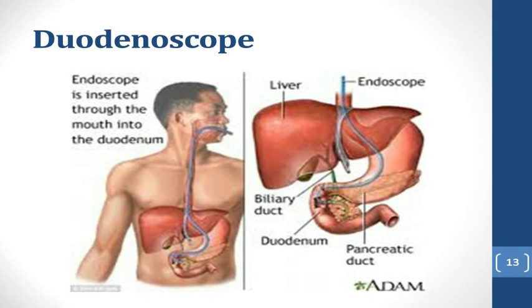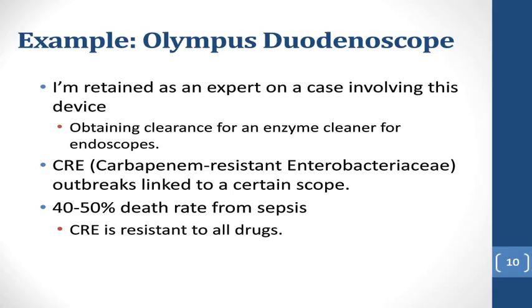The problem is that patients, unfortunately, it's a ghastly problem, they're getting infected by a bug called CRE. It's a bacteria that has resisted all known drugs to treat it. And it's up to a 50% death rate in these patients. So this is really, really awful.